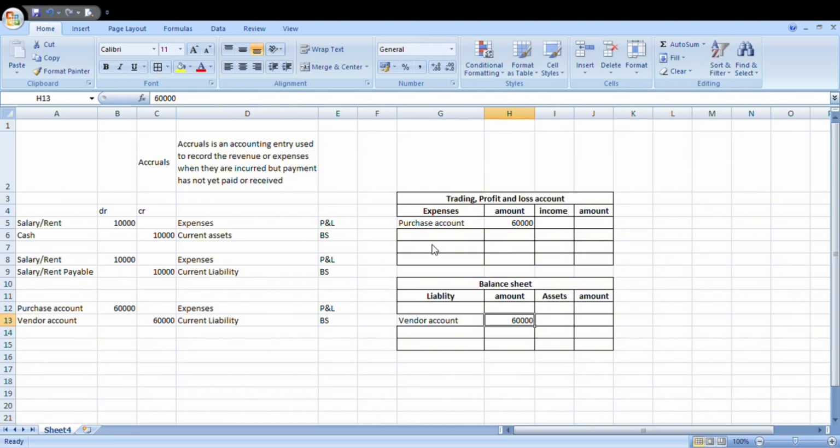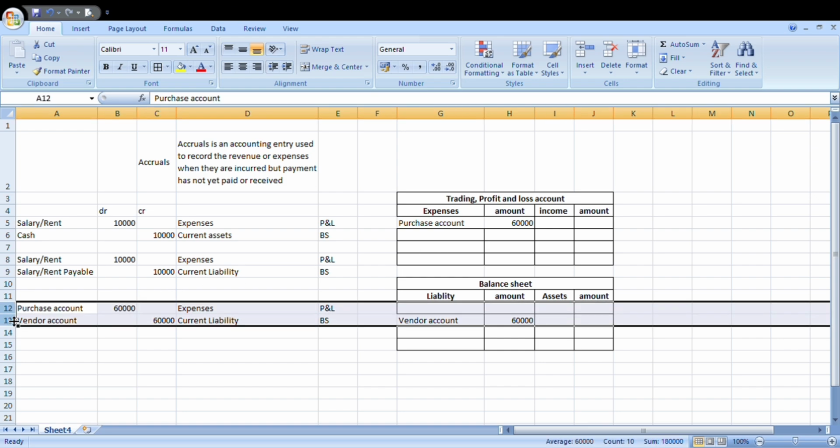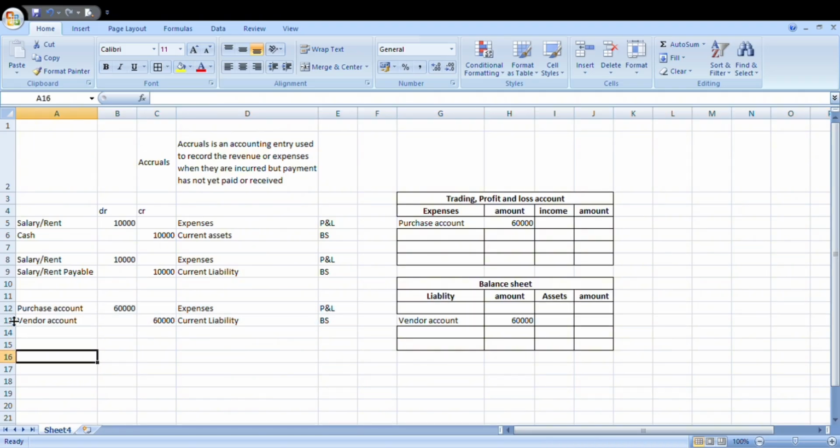This is the accrual entry for the purchase on credit basis. Okay, this is the accruals and this will impact our financial statement like this. And now we go for prepaid.